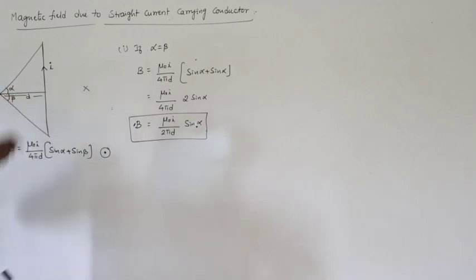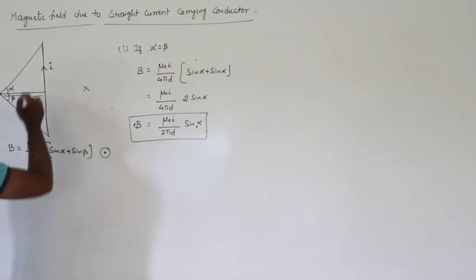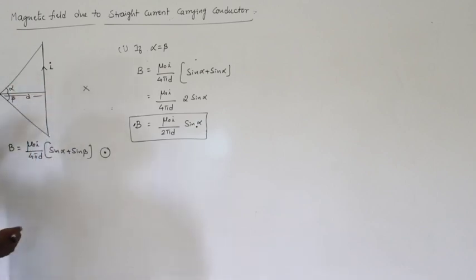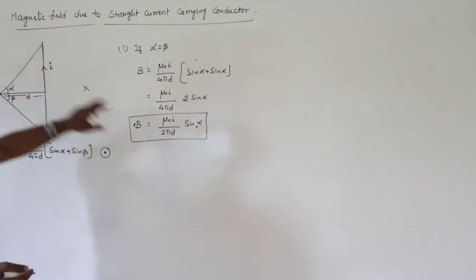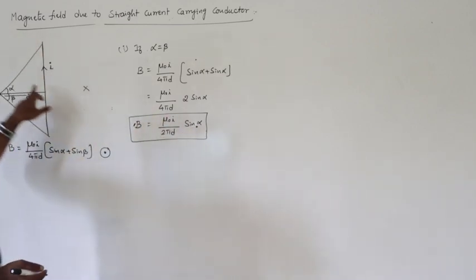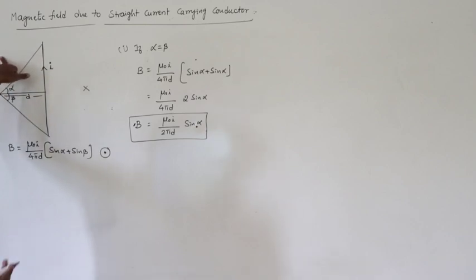For example, this is alpha and this is d. Based on this, if you know this value and this value, then we can calculate the value of sin alpha, opposite side by hypotenuse, simply.